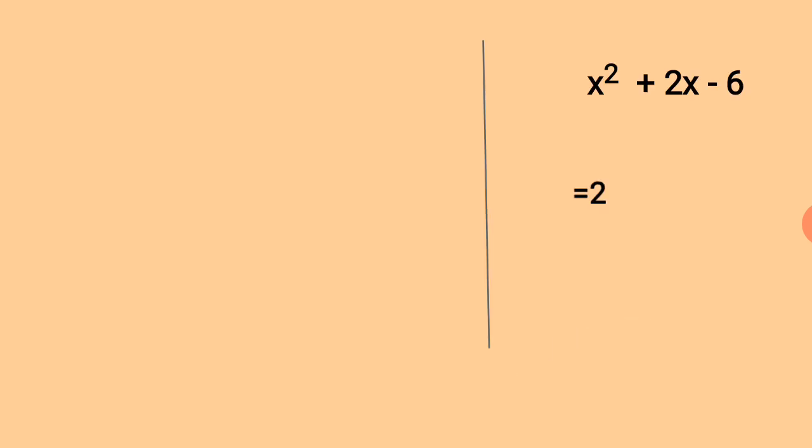Let's begin. Here our p of x I have taken as x square plus 2x minus 6. Let us start with the division and our divisor is x minus 2. The division starts now. We have taken the first part of the quotient as x because that x is to be multiplied by x in the divisor.